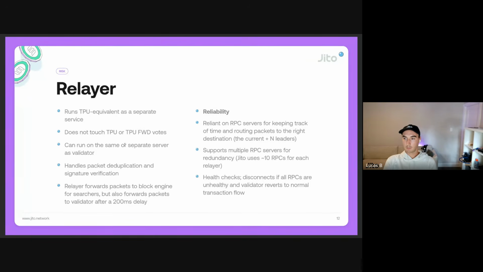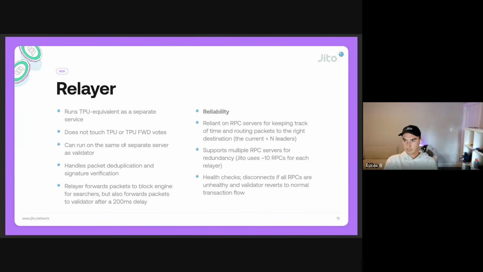It does not touch any of the votes, so votes will continue to go straight to your validator. In the very extreme case where something incredibly bad happens and the relayers totally screw up, it will not touch the votes. And hopefully the other layers of redundancy we have will fix the problem, but they won't touch votes.